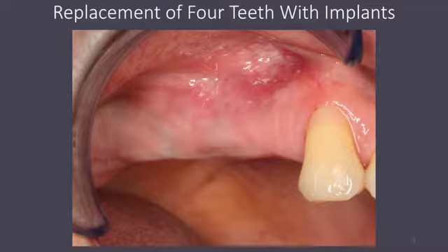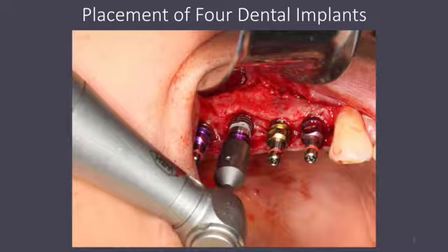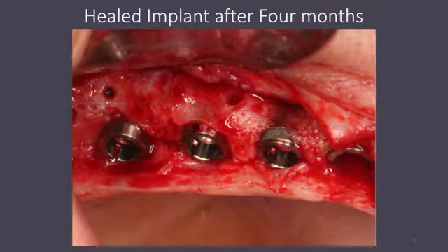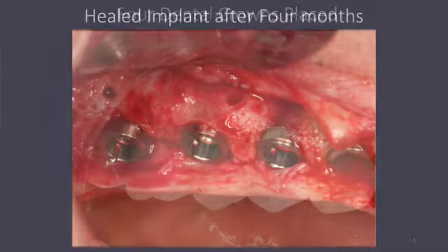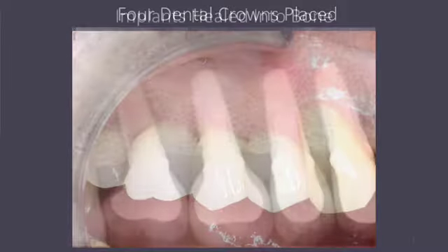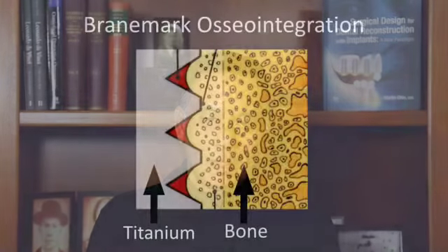Osseointegration has been performed for many years and basically still follows the protocol set down by Branemark. When Branemark originally proposed this concept of placing titanium dental implants into living bone for the purpose of creating an anchorage unit for prosthetics, the assumption that he put forth was that there was a special relationship between living bone and titanium implant surfaces.